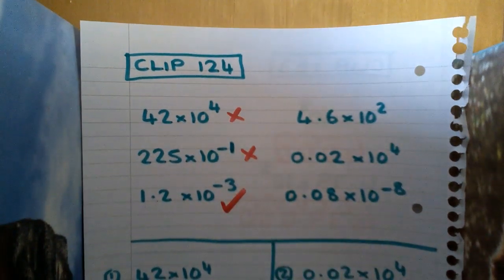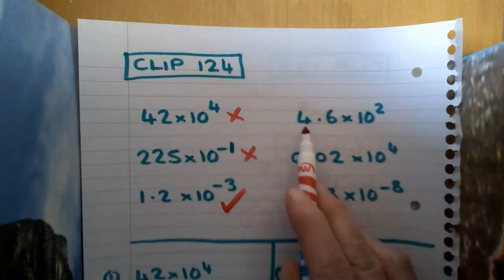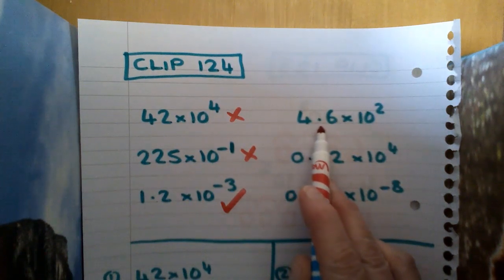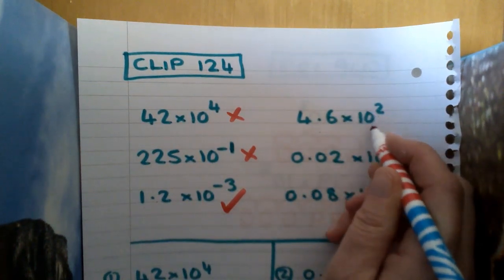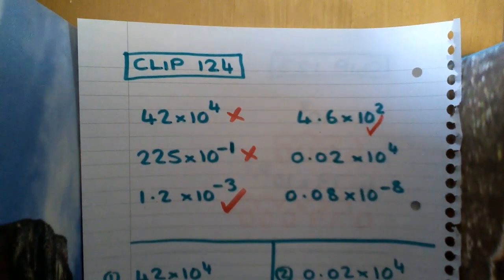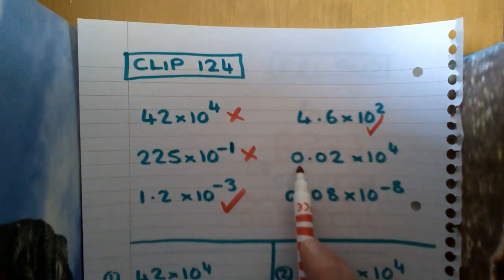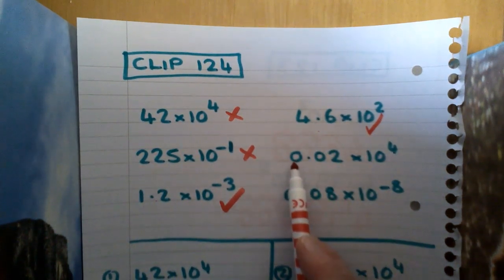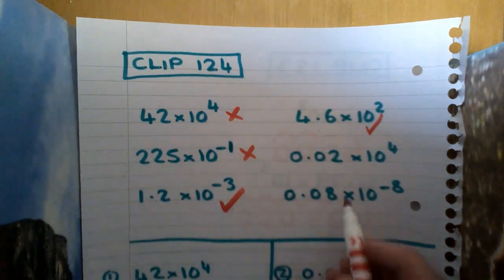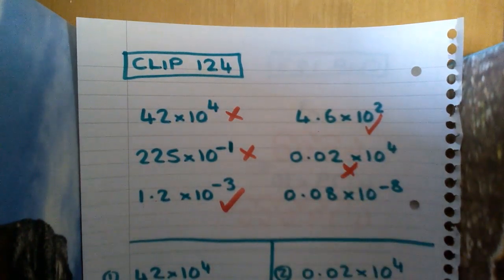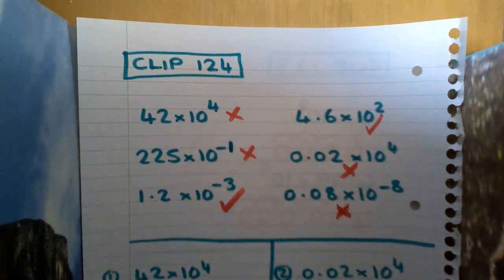That one's correct. We look at this one, number in front of the decimal point. It's not a 0. So that one's correct. If we look at this one, there is only a single digit in front of the decimal point, but it's a 0. So that isn't in standard form. And the same for the last one.